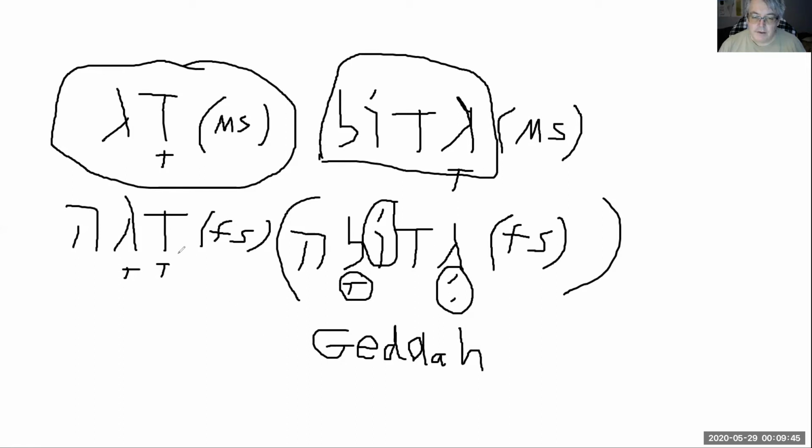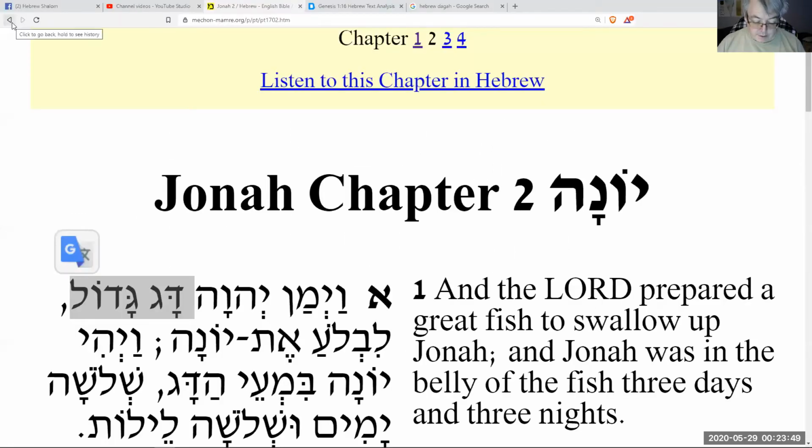So you get daga and you get gedolah. And if you put the emphasis on the last syllable, like we've talked about in these Hebrew words, you're going to get daga gedola. See, it rhymes.